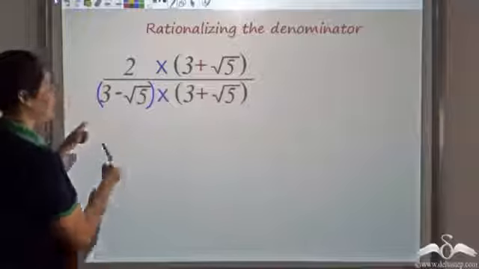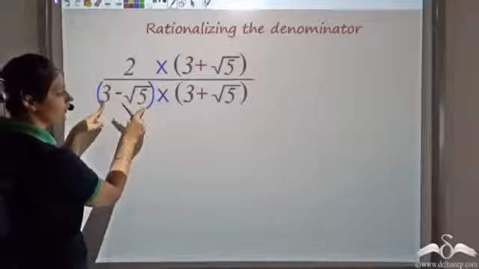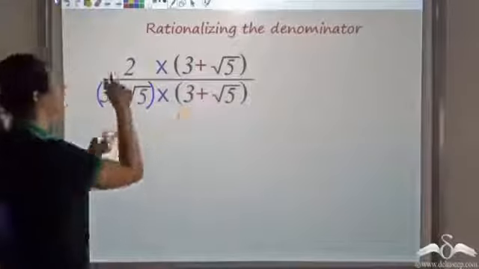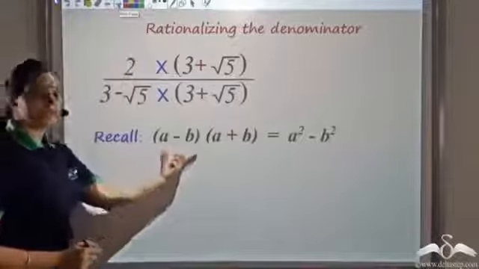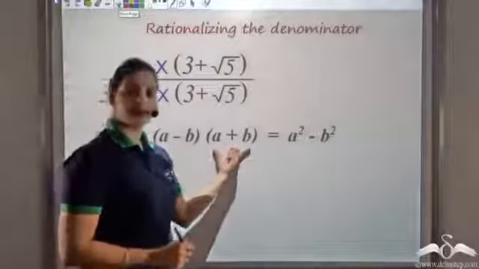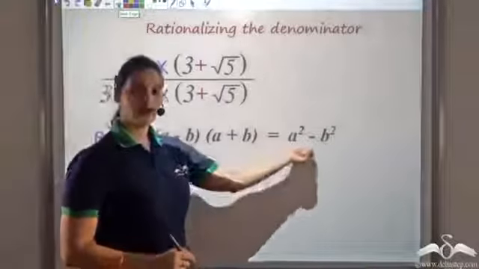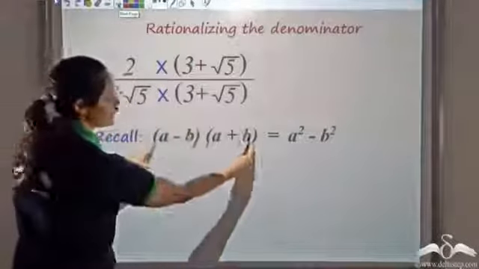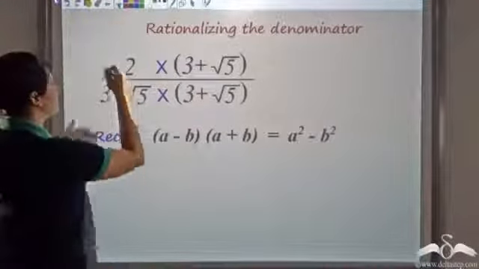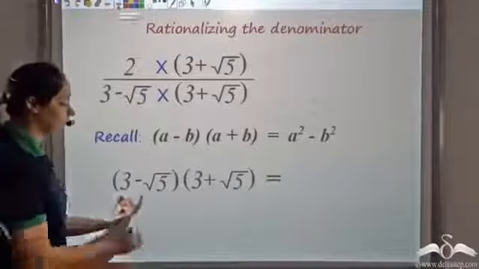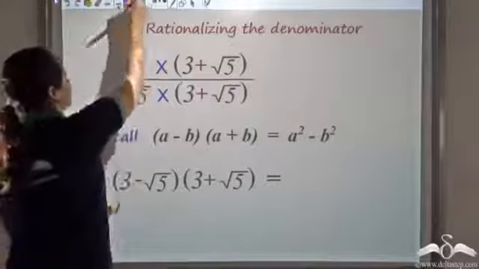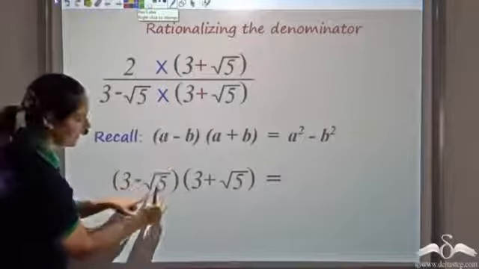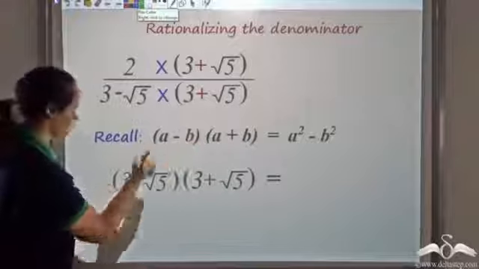Now recall that this is 3 minus root 5 times 3 plus root 5. Only the sign is changing. Recall that a minus b times a plus b gives me a square minus b square. Can you relate this expression with the denominator? All I need to do is take 3 as a and under root 5 as b.